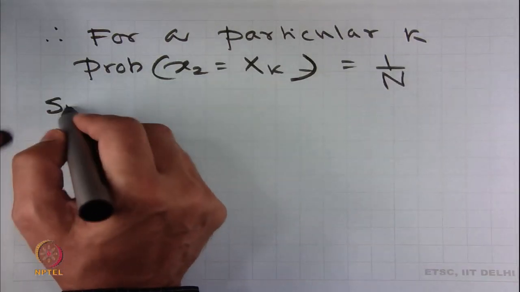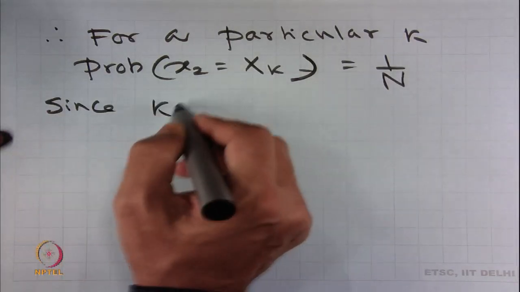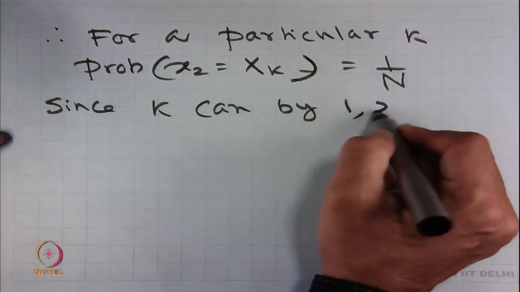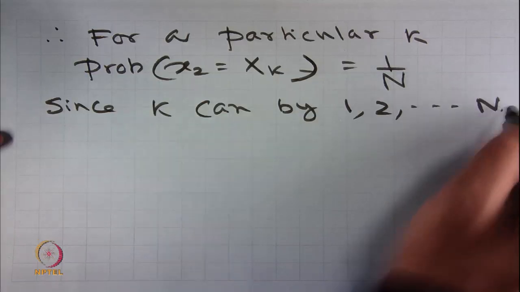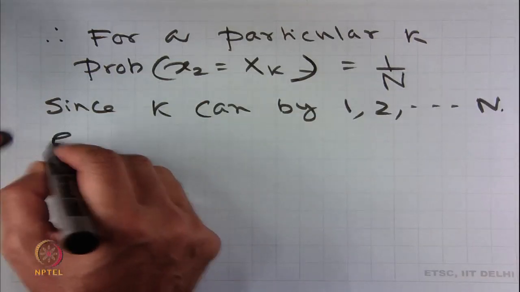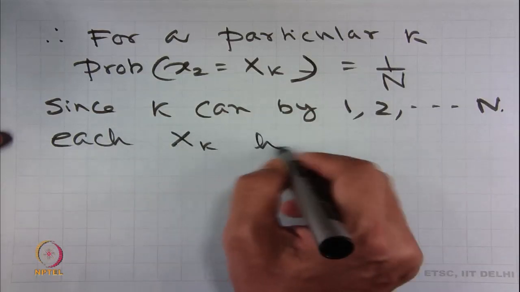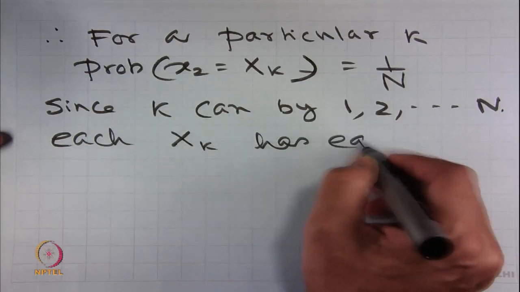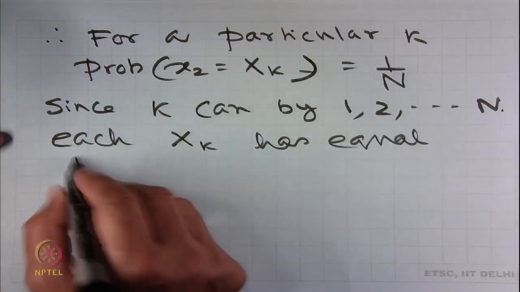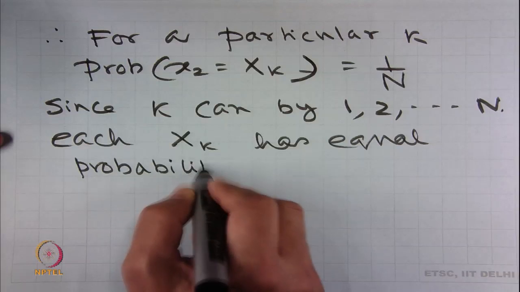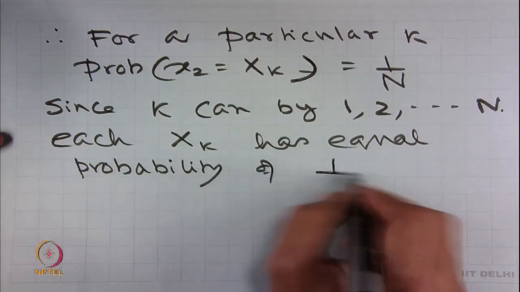Since k can be anything between 1 to capital N, each x k has equal probability of 1 upon n.